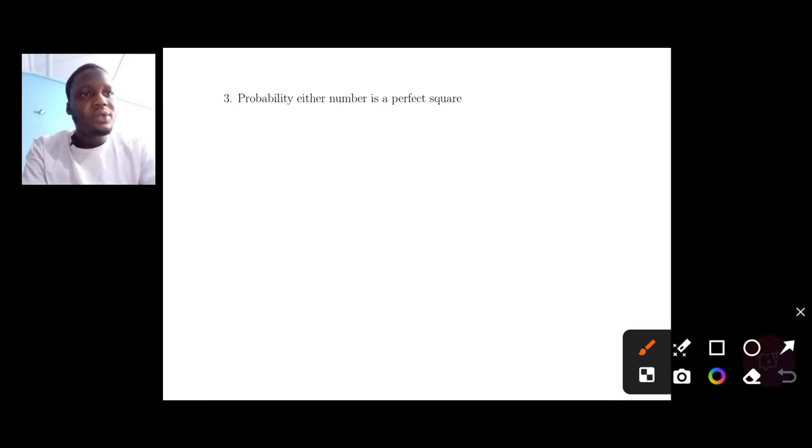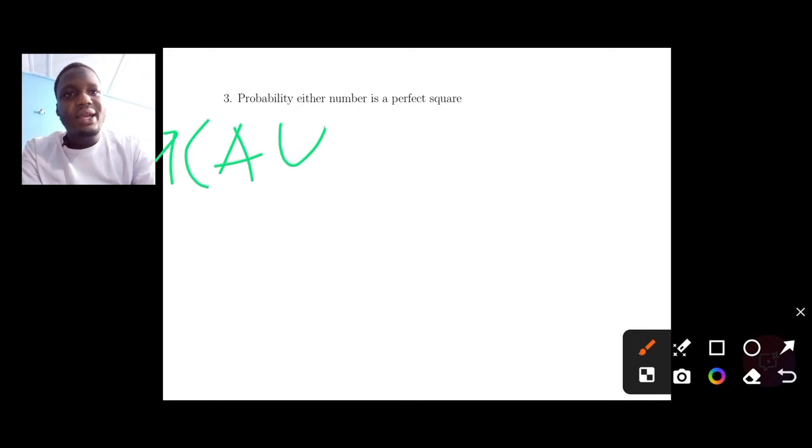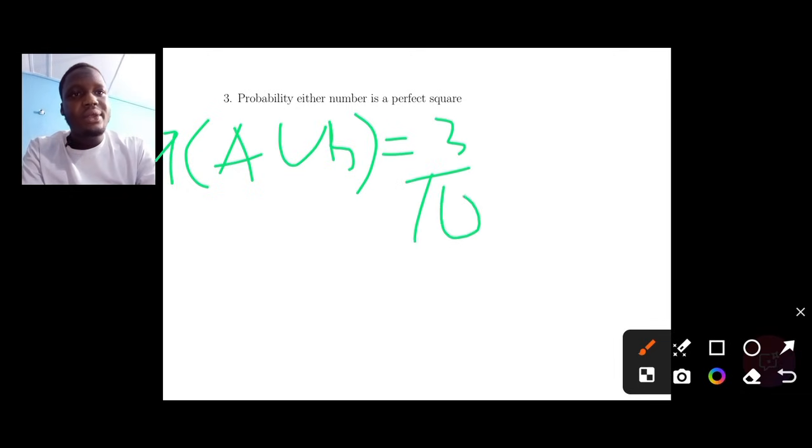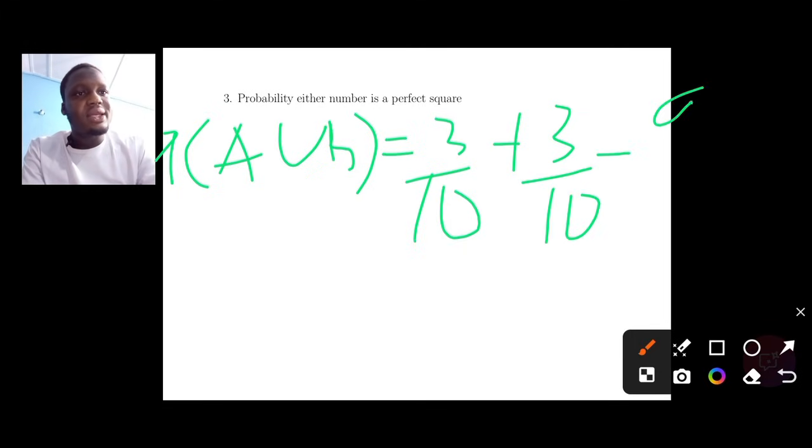Okay. So finally, the probability that either number is a perfect square is the probability of A plus B minus the intersection.